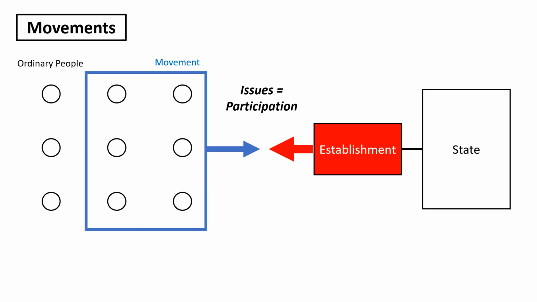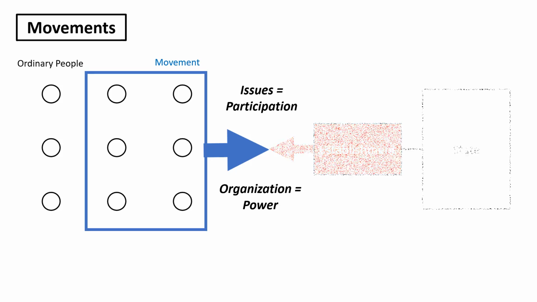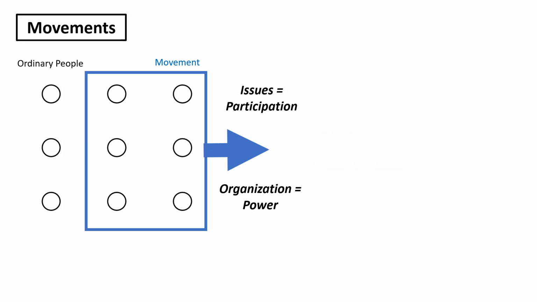First, it brings up issues to encourage the public to participate. Second, it creates organizations that convert this participation into power. A strong enough movement will either overpower the establishment or force it to back down, which leads to victory and the imposition of the change the movement wants.